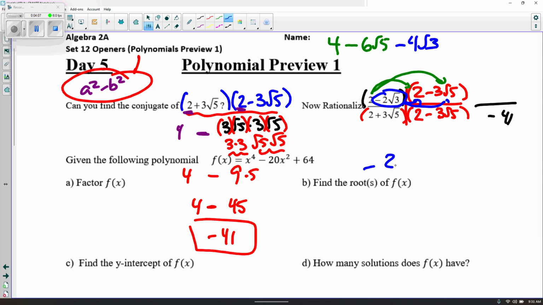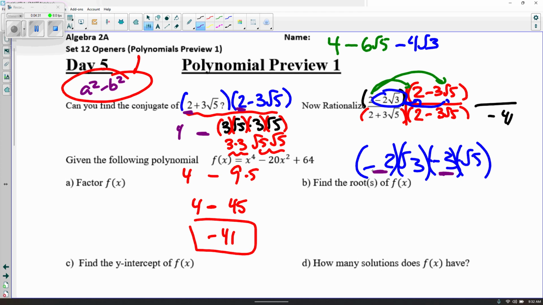Now this is minus 2 root 3 times negative 3 square root 5. Again, these are all multiplication. So it's this times this times this times this. So what 2 numbers can you put together? I can multiply this one and this one, right?